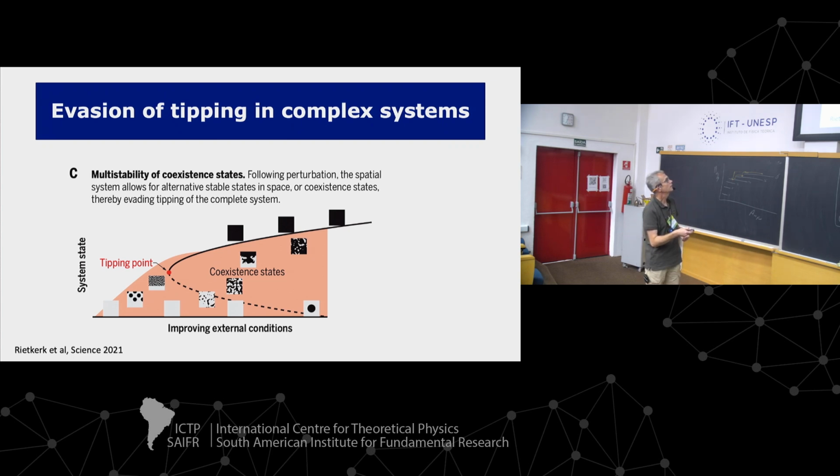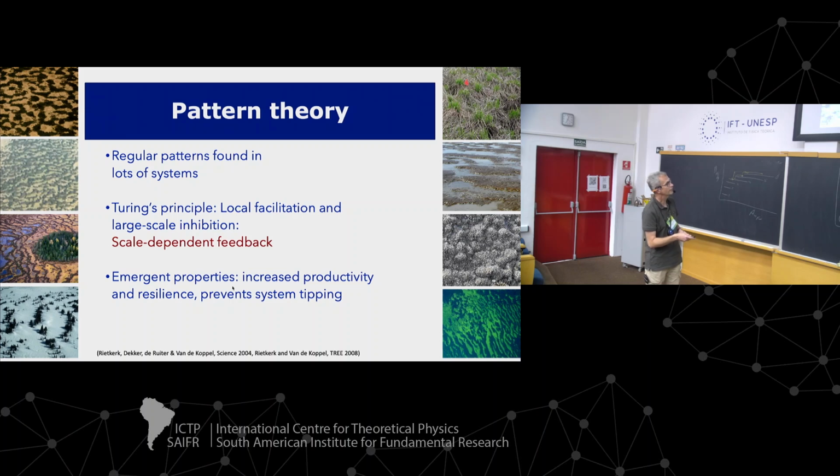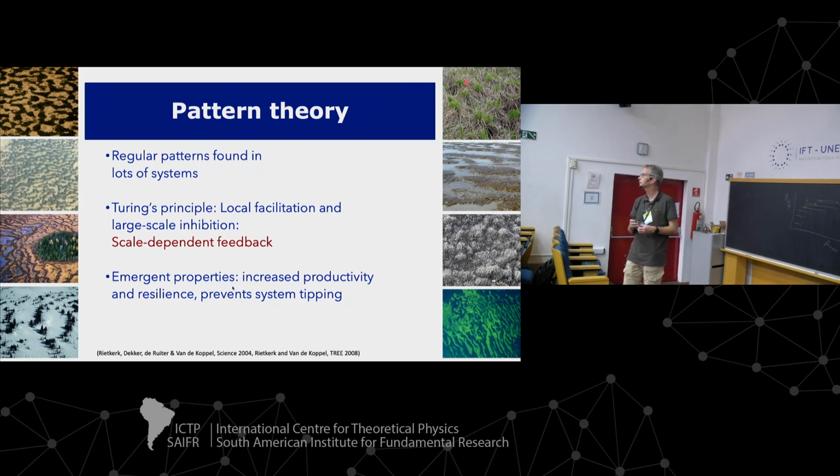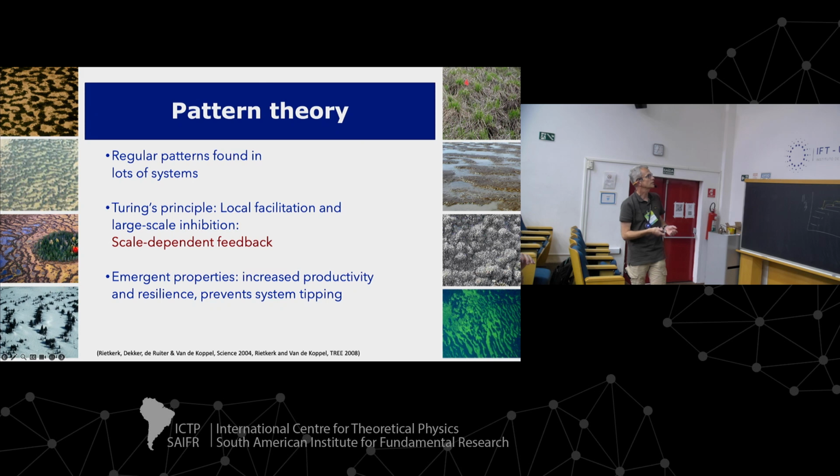Okay, with that I would like to finish. So I have a nice collection of pictures of all sorts of patterns in the world. I hope I have convinced them that they could be really important. There's loads of nice examples, from incredibly well-studied systems to the non-studied ones, like coral reefs, which are not in here, and peatlands, which have also not gotten that much attention.